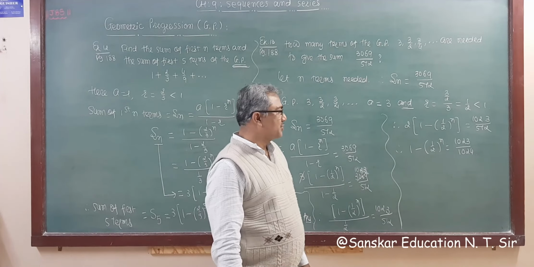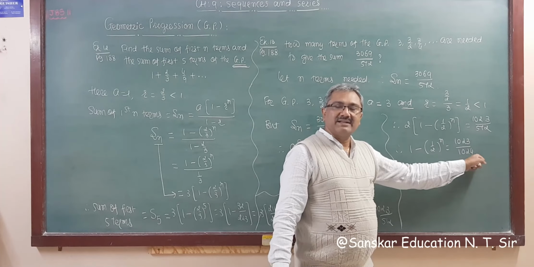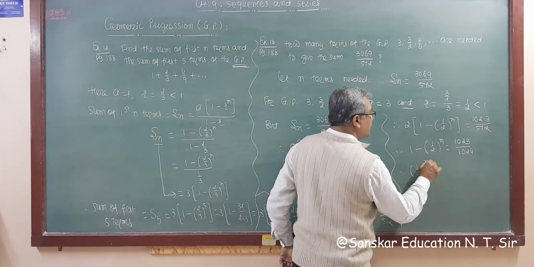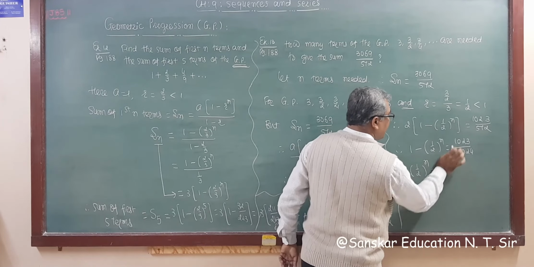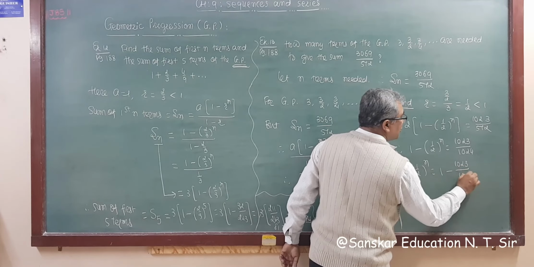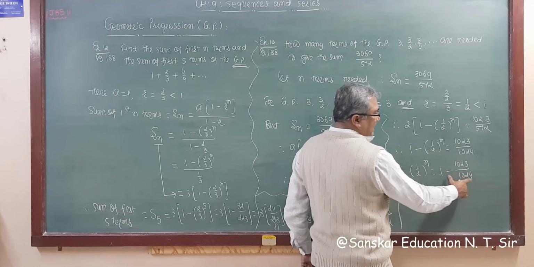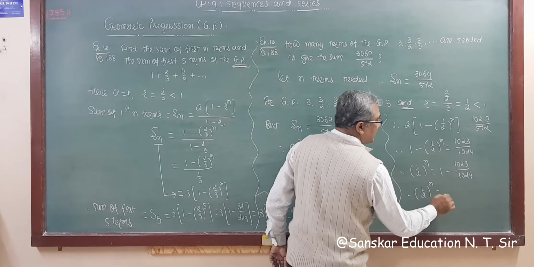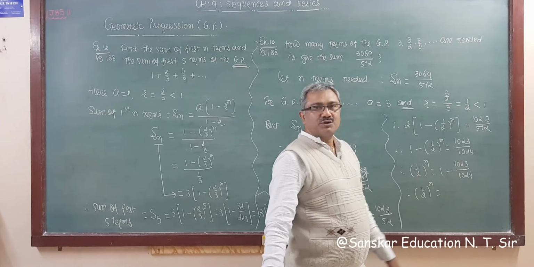Taking these two on the right hand side and these two on the left hand side, we get 1 upon 2 whole raised to n is equal to 1 minus 1023 upon 1024. So taking the LCM, 1 upon 2 raised to n is equal to 1024 minus 1023, which is 1.